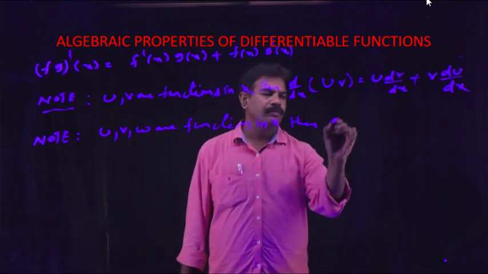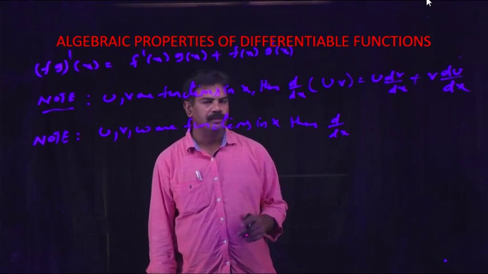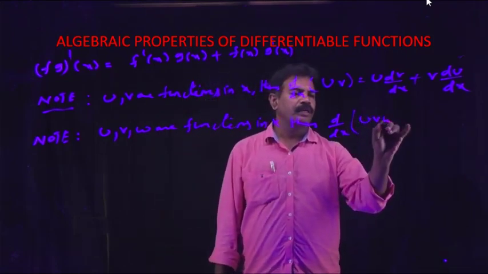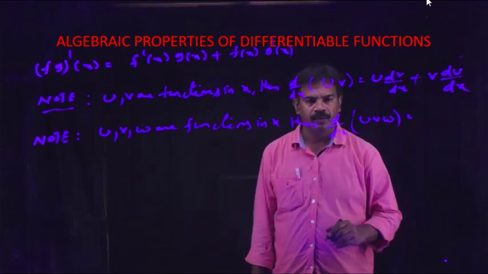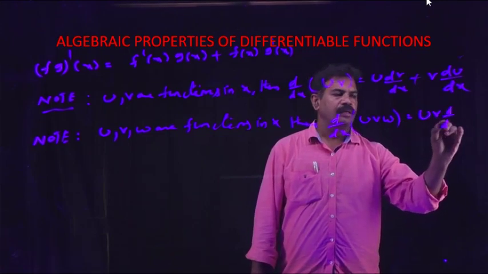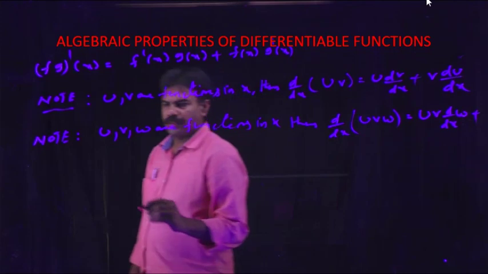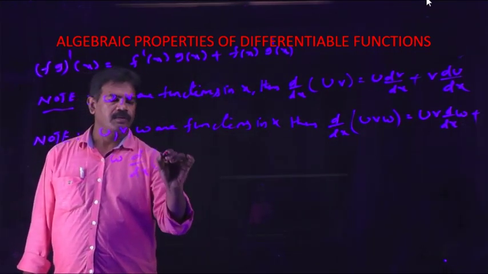Here we don't know about logarithmic differentiation now, so we use the product rule. d by dx of uvw is equal to uv into d by dx of w plus w into d by dx of uv.